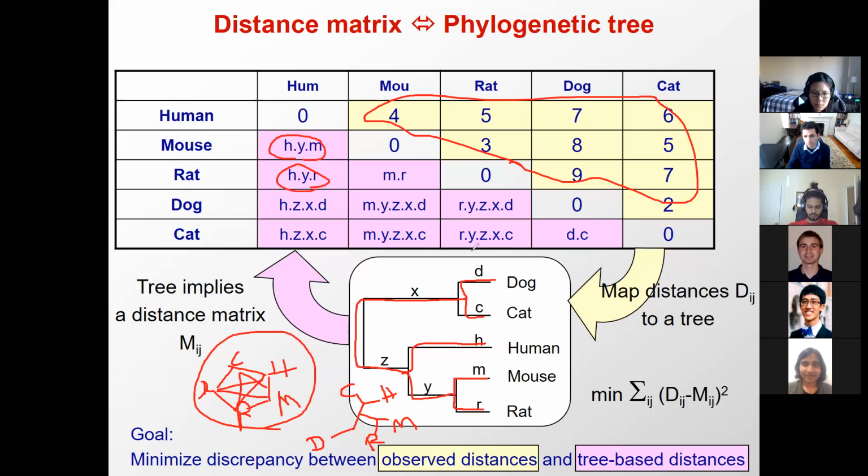To go from rat to cat, I have to take R plus Y plus Z plus X plus C, okay? So we're constraining the distance to be only tree based. It's like you have a nice grass field where a bunch of houses can travel just through the grass field, whichever way they want to go.